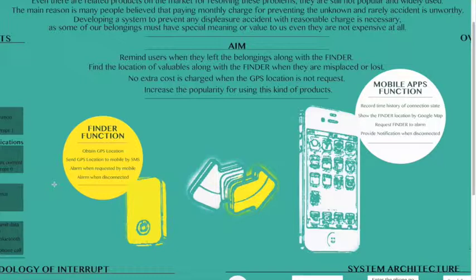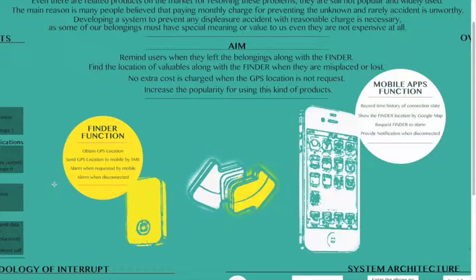Thirdly, it is free for all functions except requesting the GPS location. For the above reasons, we hope it can increase the popularity of using this kind of product. And one message we want to bring out is: never overlook any accident, even if it rarely happens.